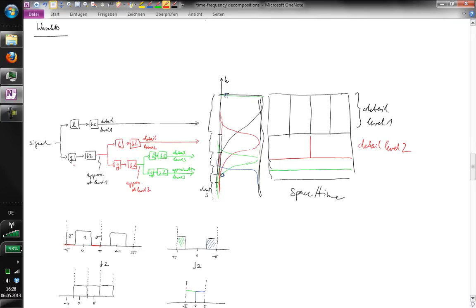So for example, we want the high-pass filters or their transfer functions to have no DC term. Because we don't want them to have a DC term, their integral or their summation in space must be 0.